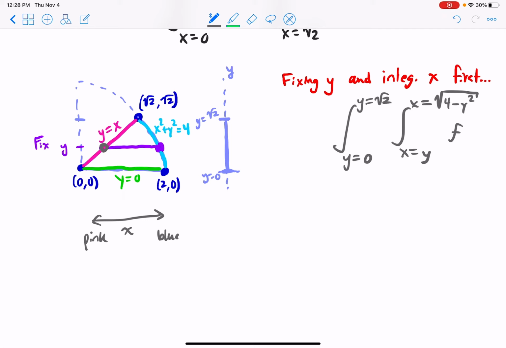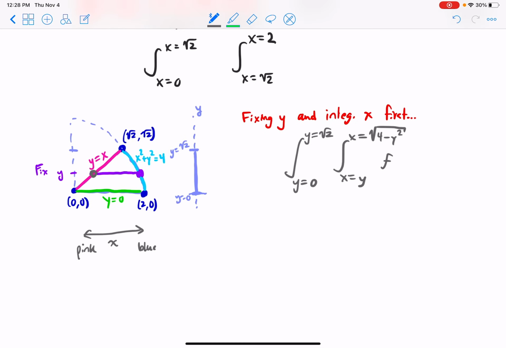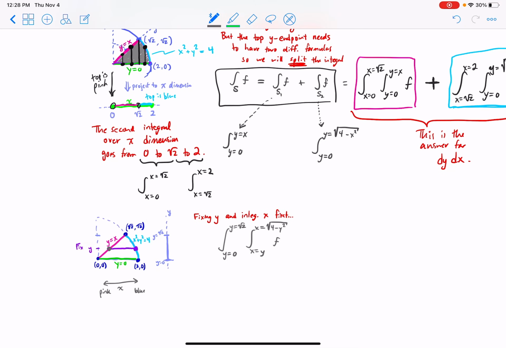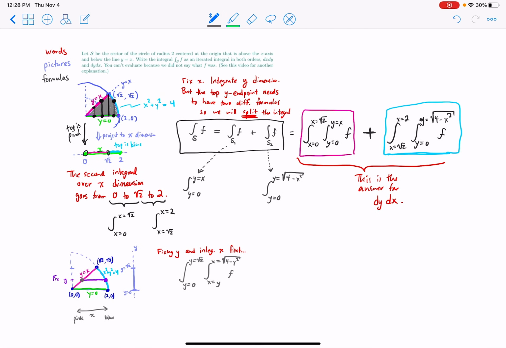Right, and so once we've done this, you notice that it is far easier to integrate x first and then y. So this is do the dx first there, and then do the dy, if you like this notation. It's way easier because there's only one integral.